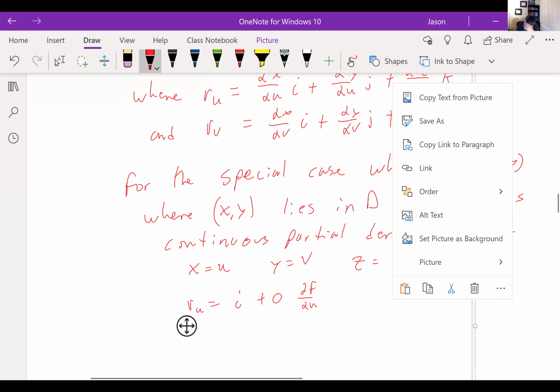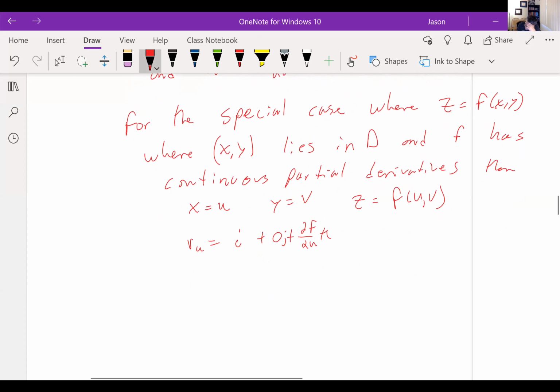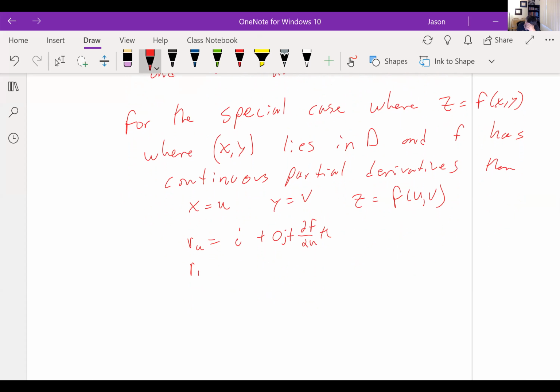This is j, that's k. And then what's r_v? r_v is 0i plus j plus the partial of f, partial of v.